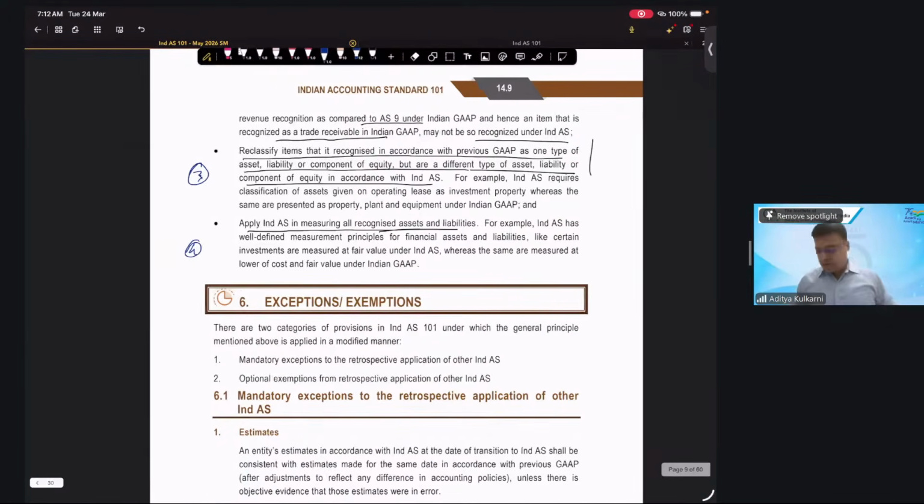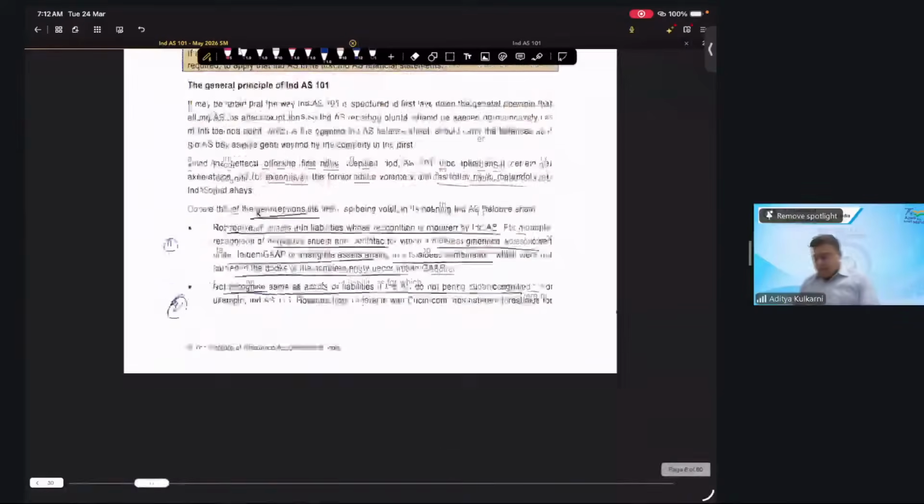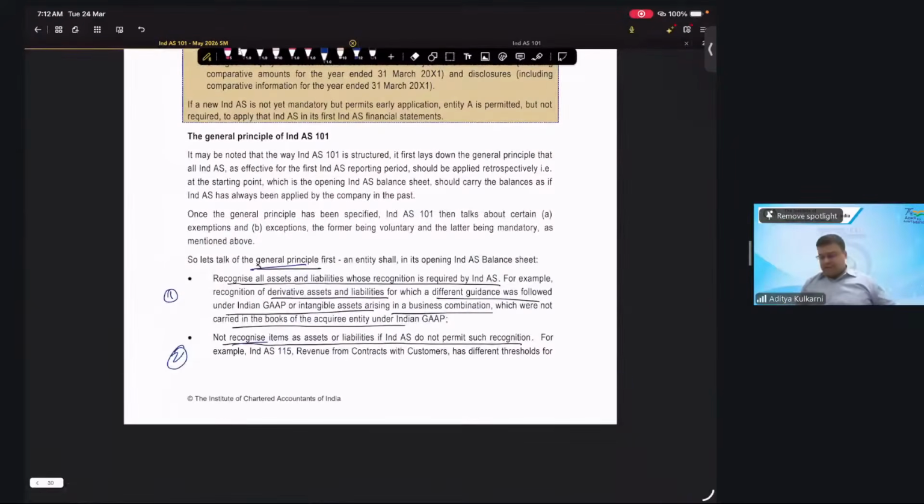Now let us look at recognizing all assets whose recognition is required by Ind AS, but they have not been recognized. Now, tell me, have you studied financial instruments? Yes, sir.